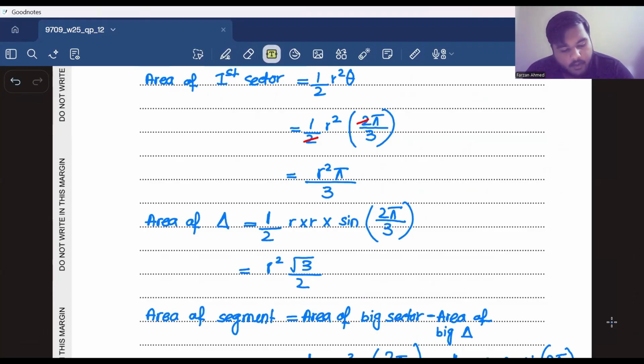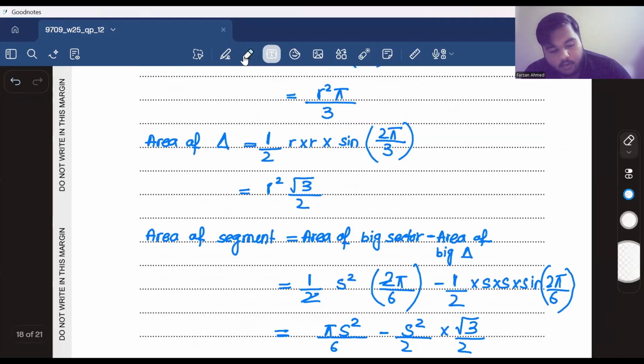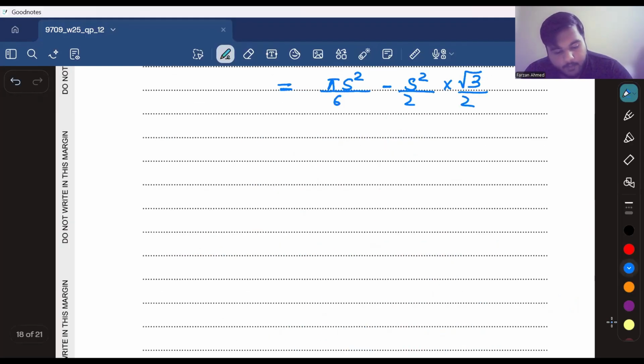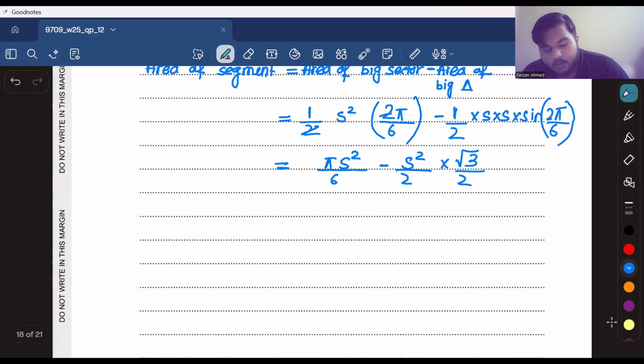Yes, area of triangle, this is not 2, it is 4. Okay, this is 4. If we simplify, it will be pi s square upon 6 minus square root of 3 s square upon 4.